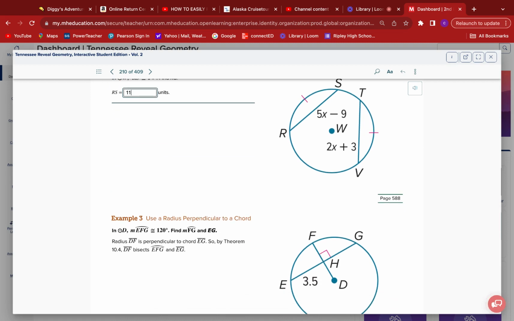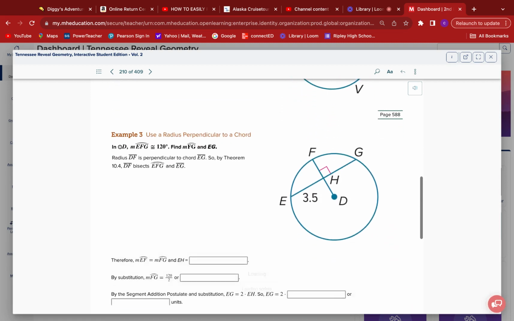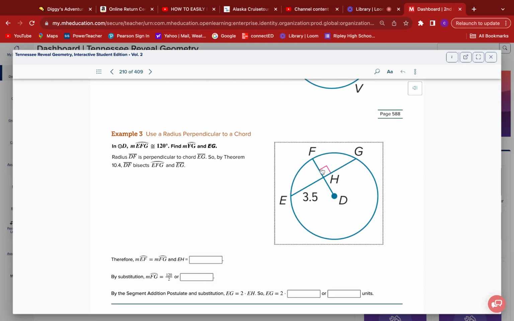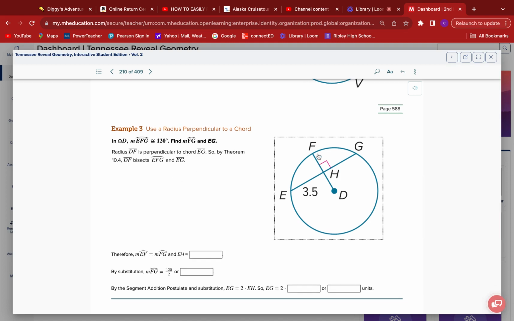All right, moving on to page 589 of your workbook, example number 3. Okay, I see a little perpendicular here, which means the rule says that EH will be congruent to GH. So if EH is 3.5, and it doesn't say in my directions, but that means GH is 3.5.